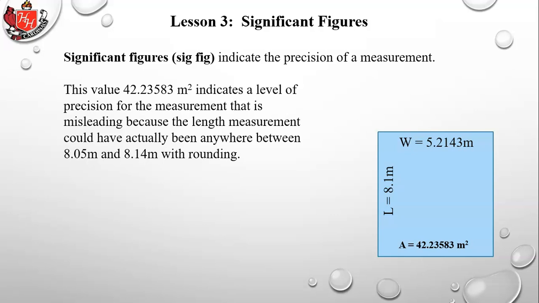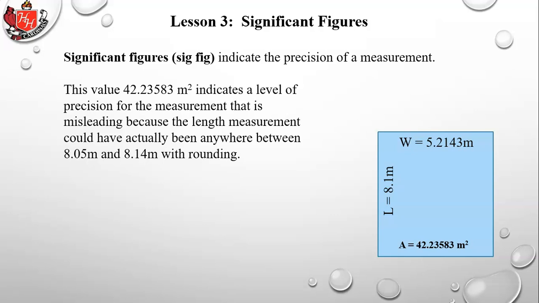In other words, if it had actually been 8.05 and you wanted to round it to the first place after the decimal, you would have rounded that to 8.1. And if it had actually been 8.14 and you rounded that to one place after the decimal, you would have rounded that down to 8.1. So both of those measurements would have resulted in 8.1. You can see it could be anywhere in that range.